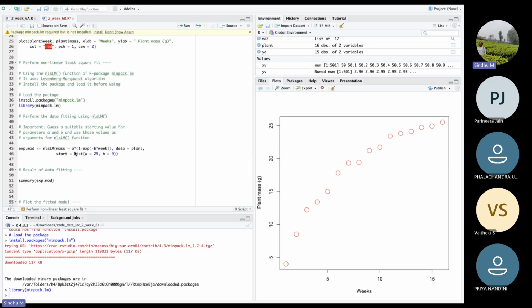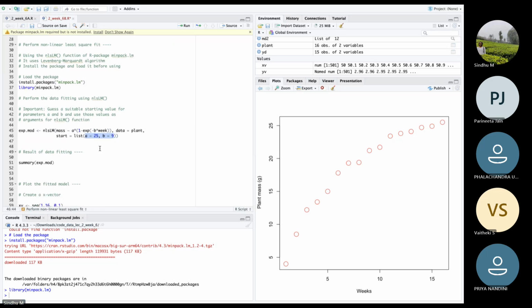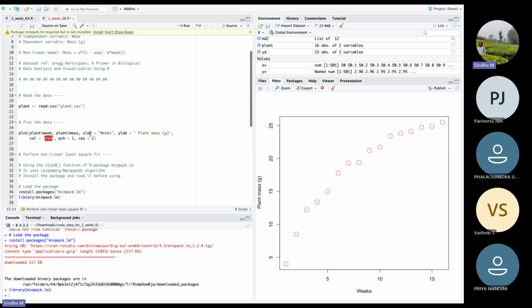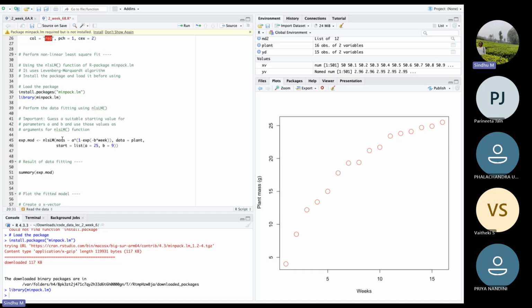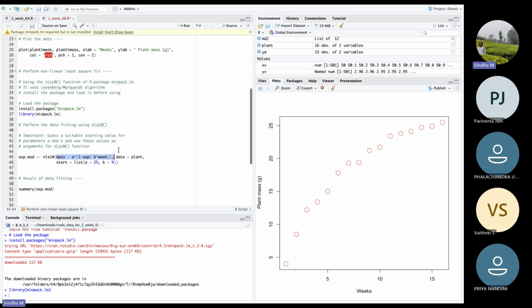And we can also tell the function what the starting values for this NLSLM can be. This starting value is just based on a guess. We have guessed 25 and 9, but you can also give other numbers. And the data is the same plant data that we have loaded here. The function that we are trying to fit is mass is a to the power 1 minus e to the power minus b into week.